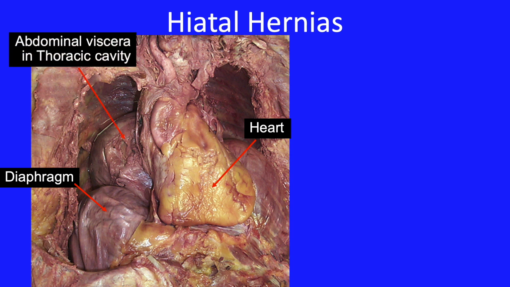In this individual, the stomach punched through the diaphragm and part of it is now in the chest. This is called a hiatal hernia and leads to the painful condition known as esophageal reflux. In certain cases, the condition can result in esophageal cancer.